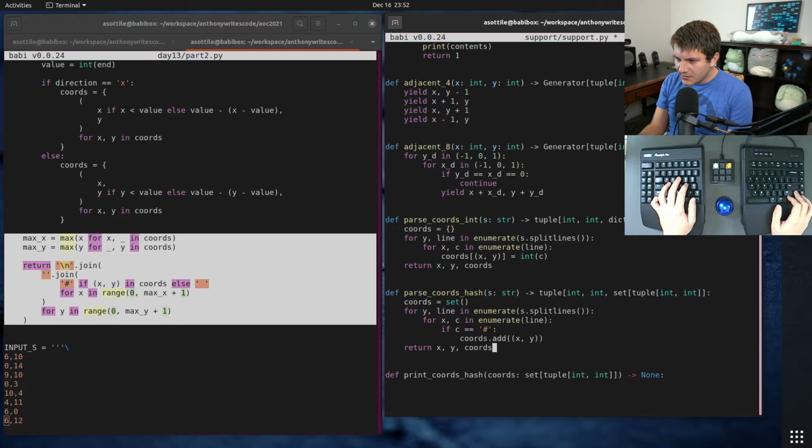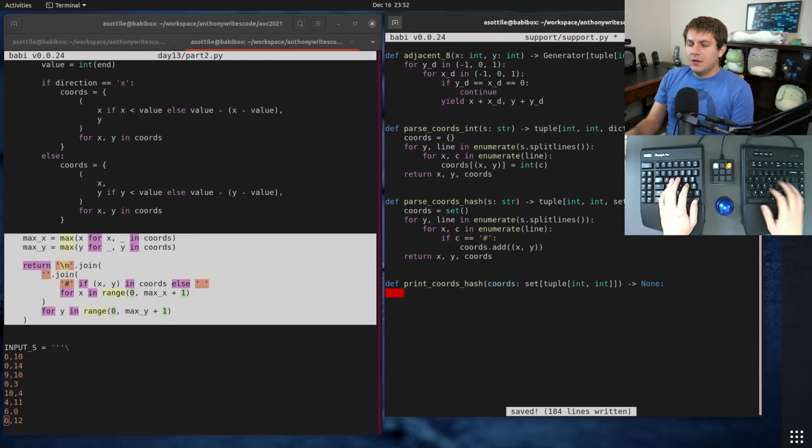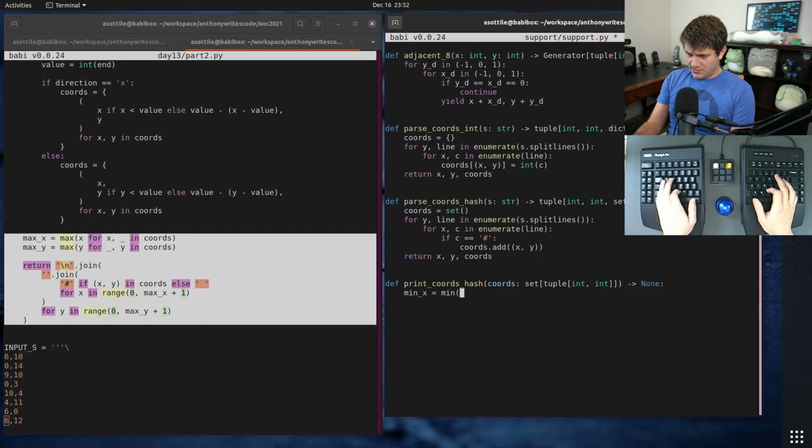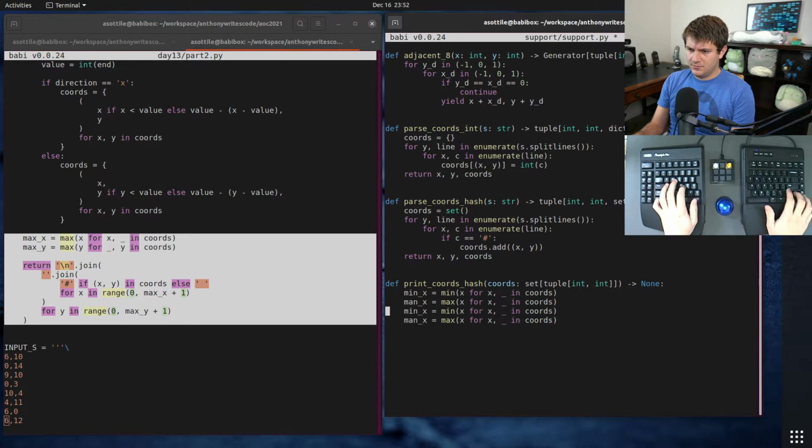I seriously have a parenthesis problem? Yeah, I do. Min x equals min. So I write this function so often, we might as well have it ready.